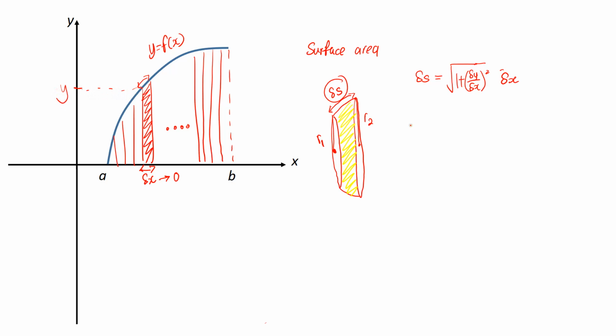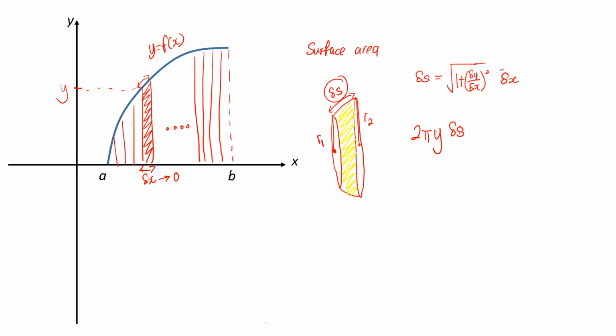So in this case, the surface area of just one strip is 2 pi r L. Here, r is your y, and L is small change in s. This is the formula 2 pi r L to find the surface area of a part of a circular cone, but this is only for one strip.